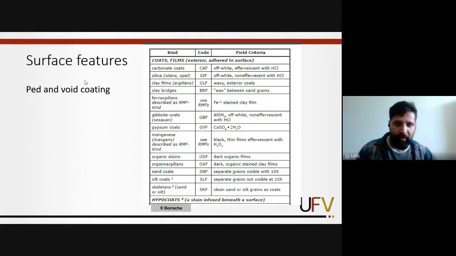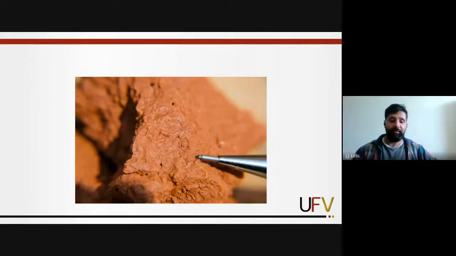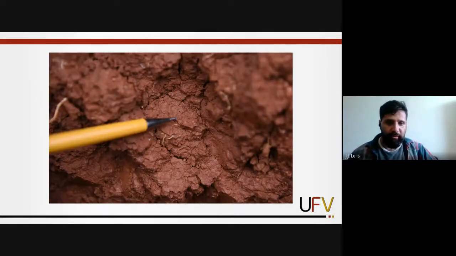I will show you some examples here, like this one. It's a shiny surface. It's very beautiful to describe because you see a ped that has a shiny surface. So it has a lot of clay particles, many thousands of particles of clay on the surface that create this shiny surface because of the coating of clay. And also see this, you can see that it has a shiny surface.